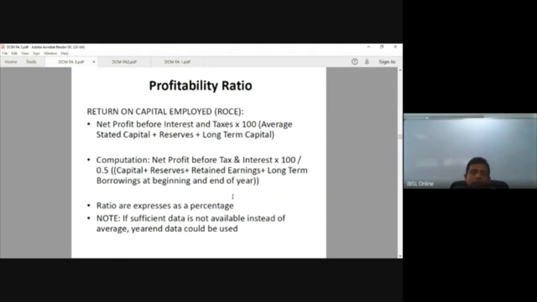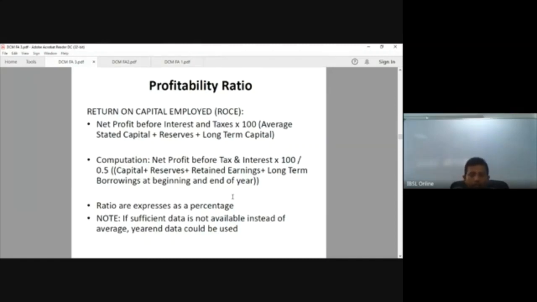Since one item is from the income statement and the other from the balance sheet, we have to take the balance sheet figure as an average one. Take the net profit before interest and tax, divided by average total capital. Total capital means equity capital plus long-term debt capital, take the average, right?